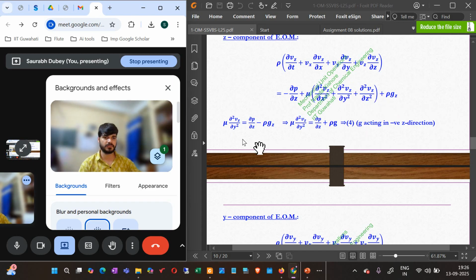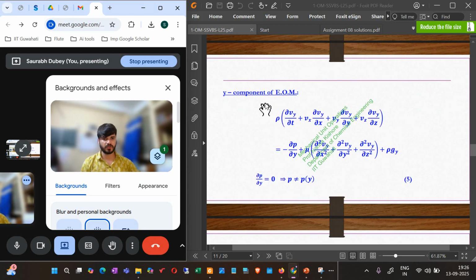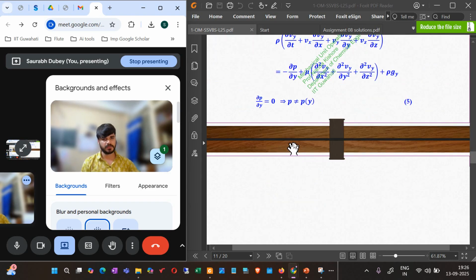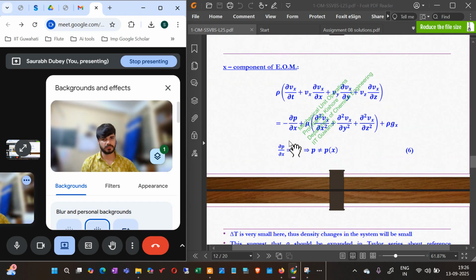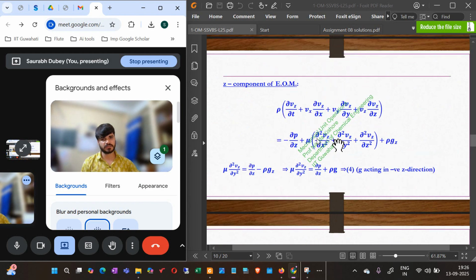And what you will be getting is this for the Z direction velocity, dp by dz plus this. And from the y component you will get that p is not a function of y, and from the x component you will get that p is not a function of x. Only for the z component you have this.